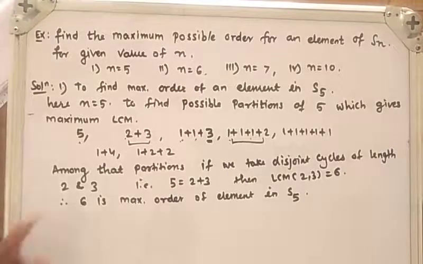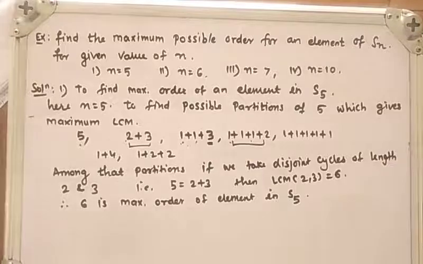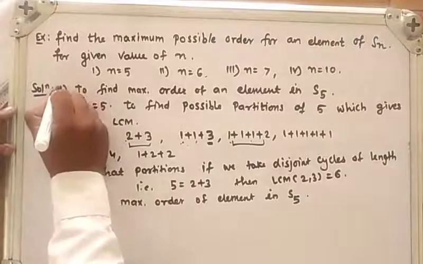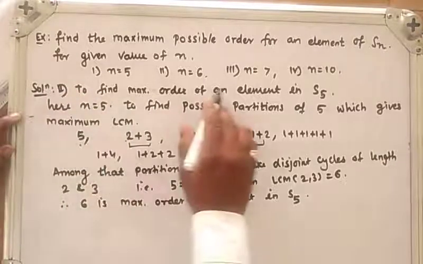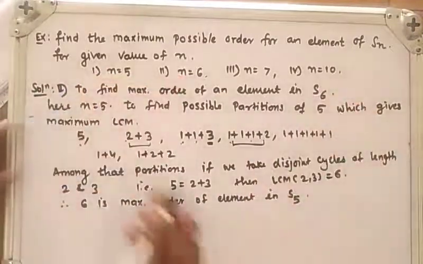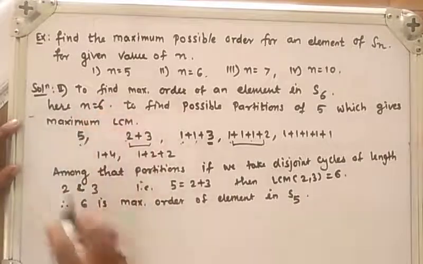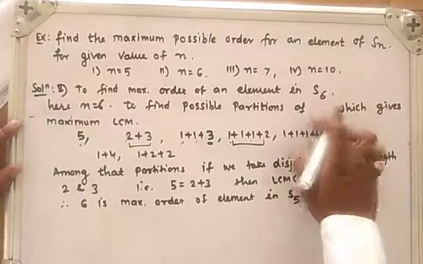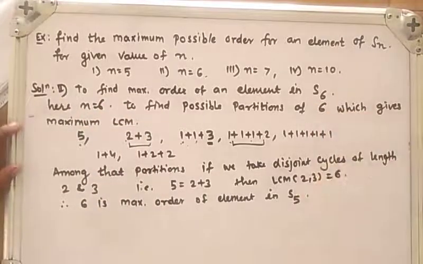Now let's see the next element, 6. So, second example, to find the maximum order of an element in S6. Here n is equal to 6. Now to find the possible partitions of 6 which give the maximum LCM.